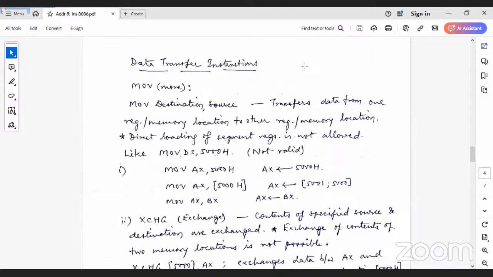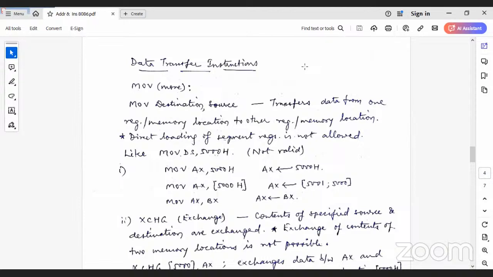In this particular example, the move instruction, move destination comma source, as I was telling in your earlier cases also, transfers the data from one register or memory location to another register or memory location. And direct loading of segment register is not allowed. This particular point you have to remember when you are discussing data transfer.